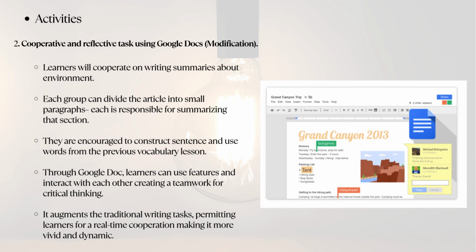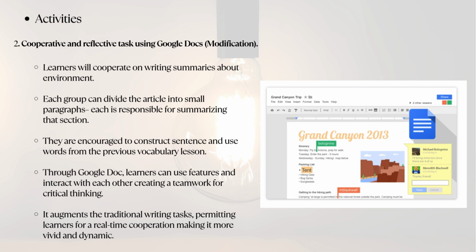The second activity is a cooperative and reflective writing task, conducted using Google Documents. In a small group, learners cooperate and work together to write summaries about a given topic, and here we assume it is about the environment.